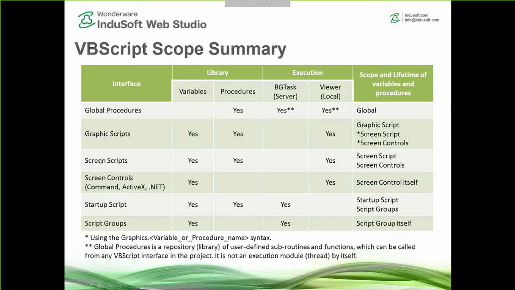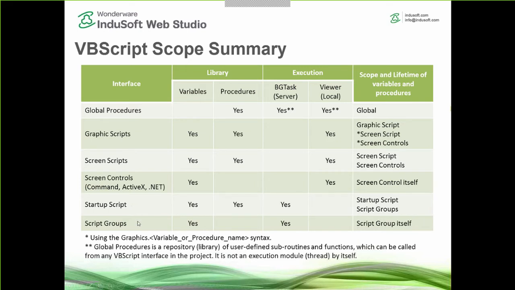When you create variables or functions in the screen script, they are available on the local screen script and all the objects within the screen. And when you create variables in the controls, the animations, commands, ActiveX controls, .NET controls, they are available only in those controls, only in those individual animations. That's for the graphical interface.